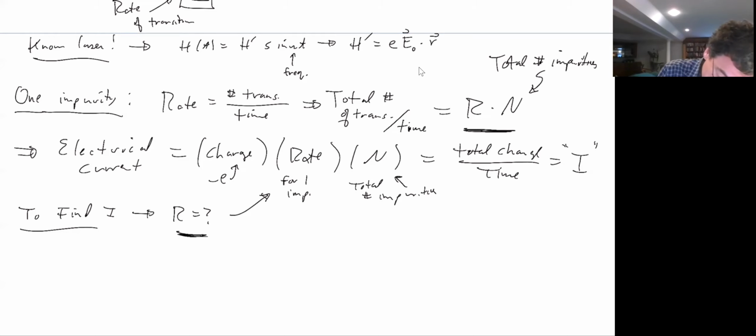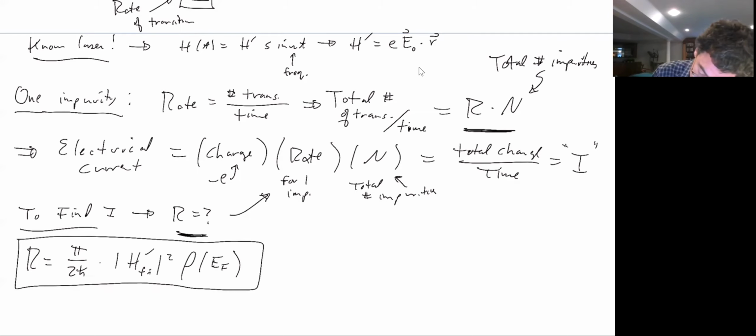So the rate is equal to pi over 2 h bar times the matrix element connecting the final and initial state squared, times the density of states at the final energy. So we just got to calculate this for the situation at hand. That's Fermi's golden rule.